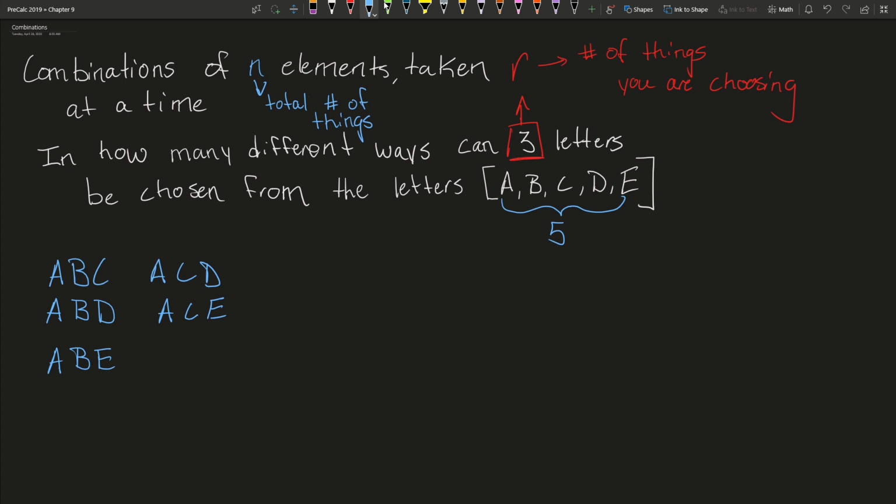And then we can change the C to get ADE. All right, and then after we keep the A's all the same, we could keep the B's in front.